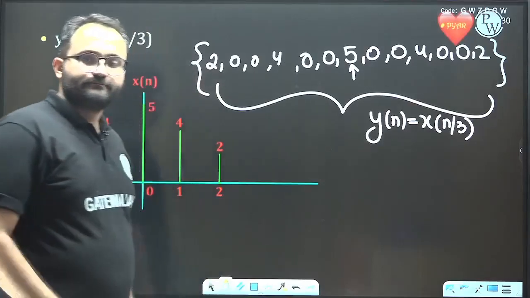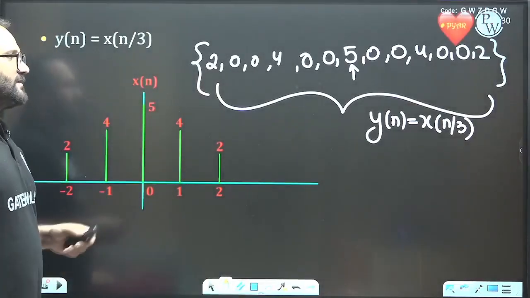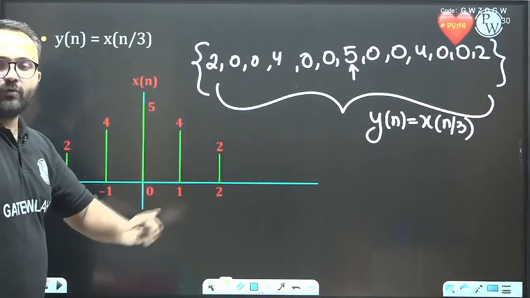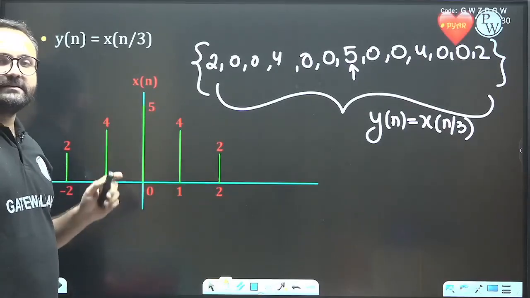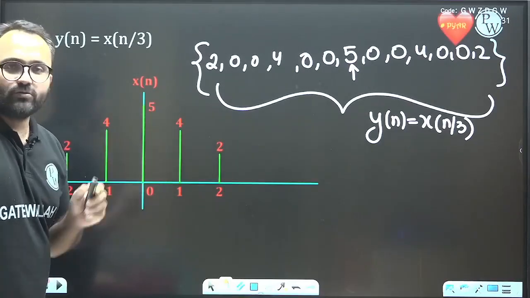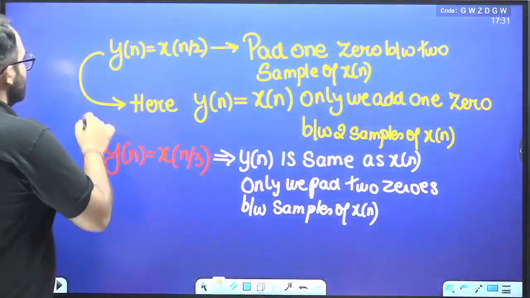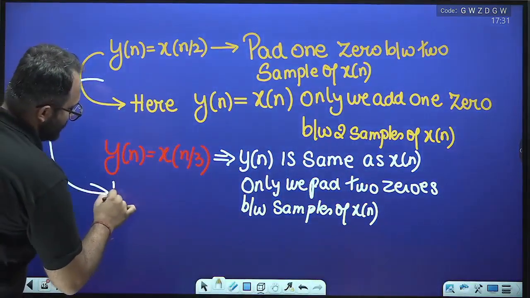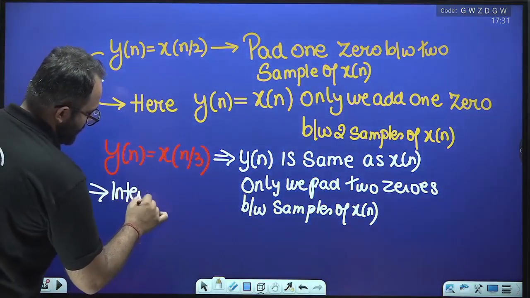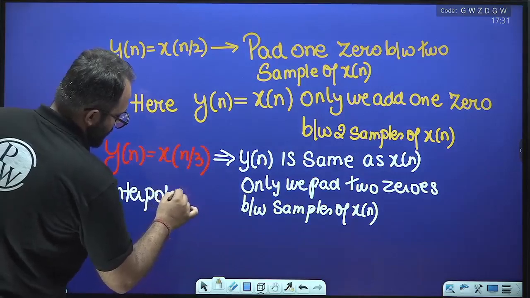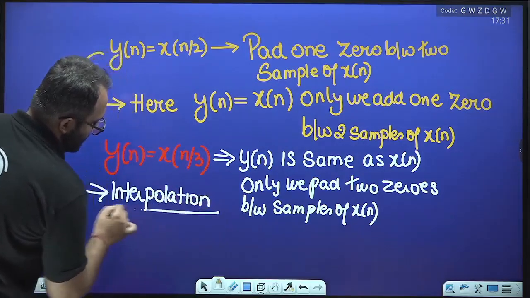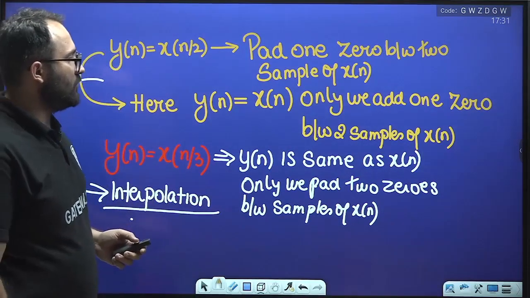Okay. Great. So always remember that in this process there is no information loss. We simply add zeros. One more thing: this process is called interpolation. So this is the whole thing.